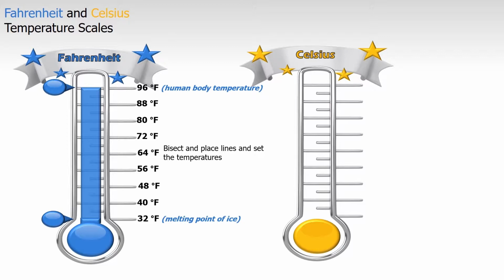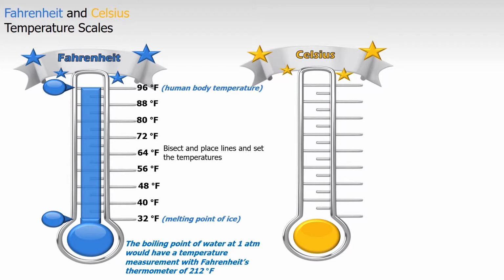If we extrapolate and continue marking the thermometer with evenly spaced lines above the 96 value, we eventually get to the temperature of the boiling point of water at 1 atmosphere, the value of 212 degrees Fahrenheit. Notice how we denote degrees with the 0 superscript before the F. This is to let us know that this is not an absolute temperature scale. We'll discuss this absolute concept in just a few minutes.